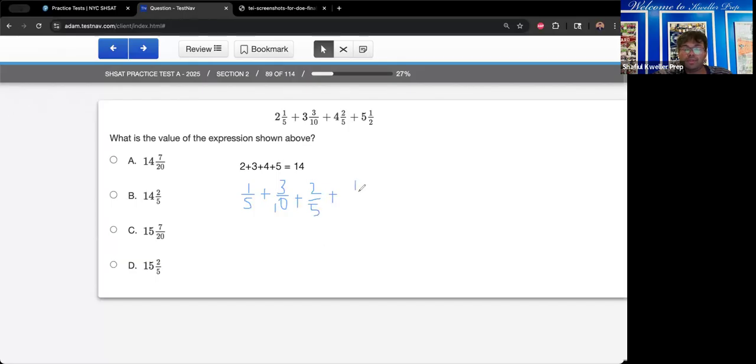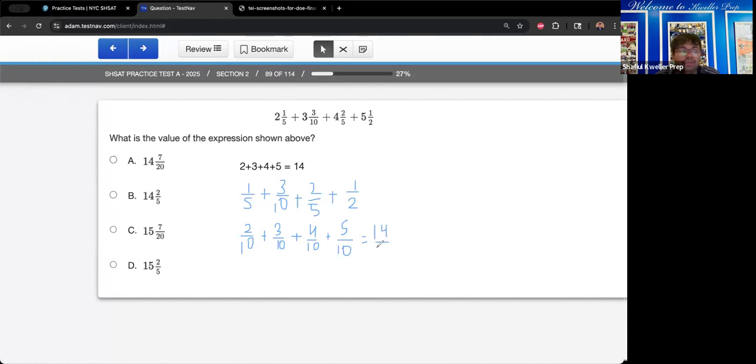So we make all the fractions with a denominator of 10. 1/5 becomes 2/10. Why? Because I multiply 2 on the top and 2 on the bottom. 3/10 is already a fraction over 10. 2/5 becomes 4/10. And then 1/2 is 5/10. So this should just be 14 over 10.